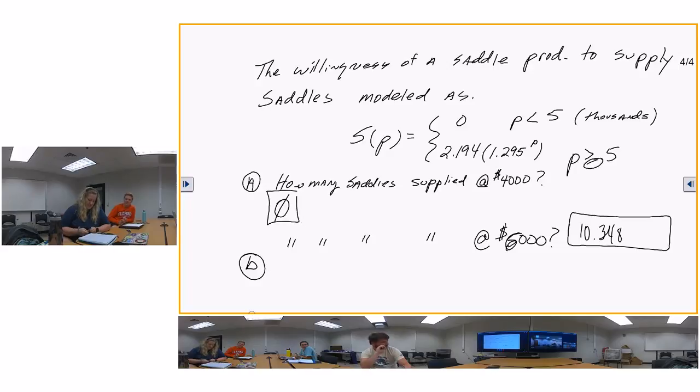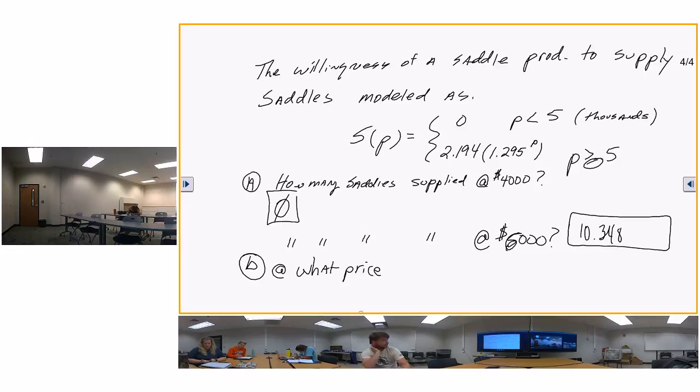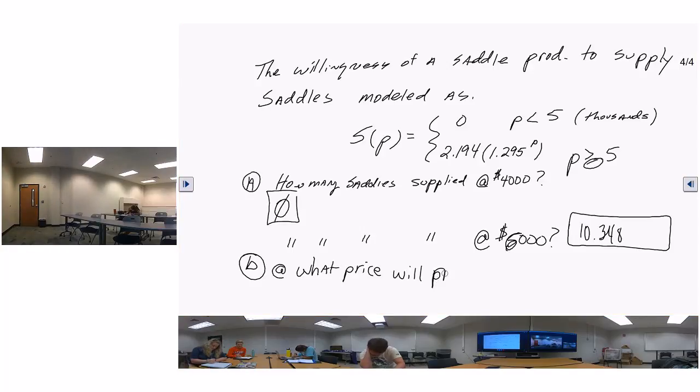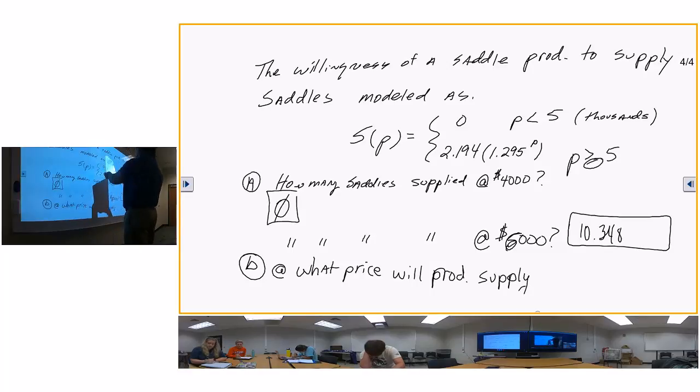B, at what price will producers supply 20,000 saddles? I'm going to make sure I read that right. 20,000 saddles.